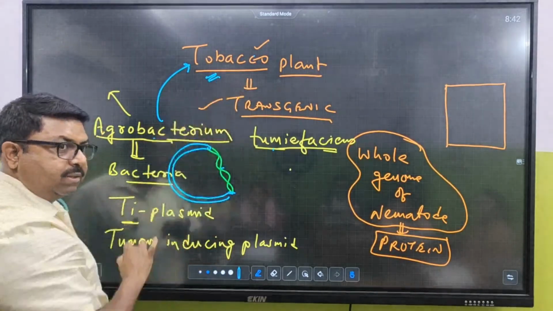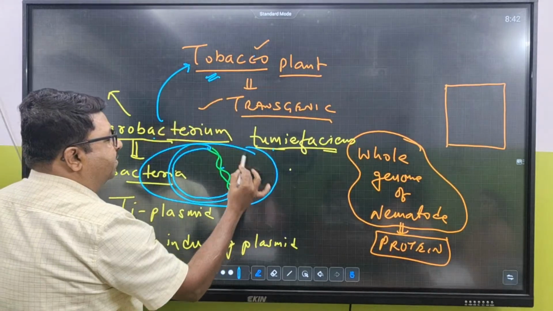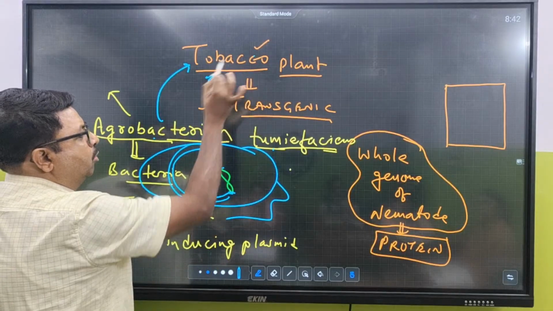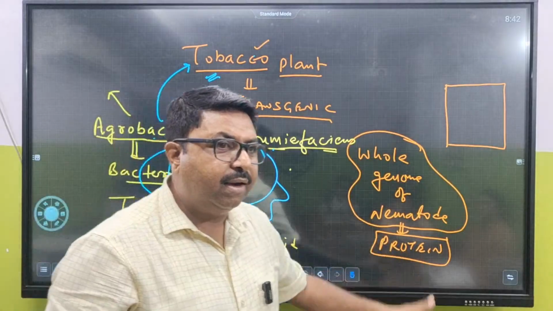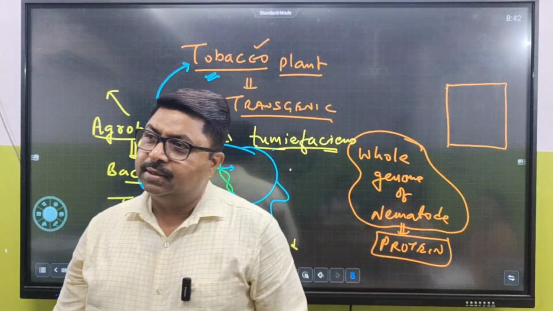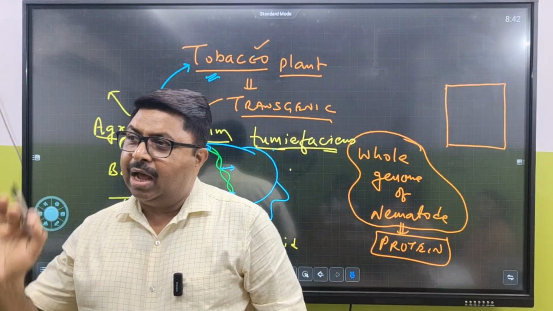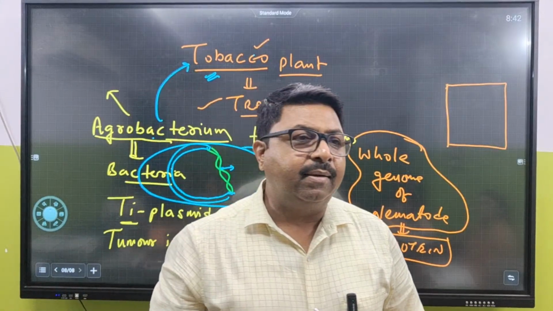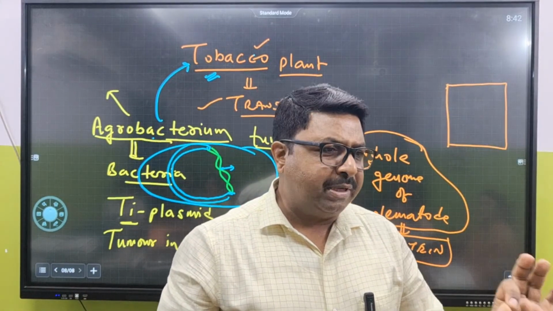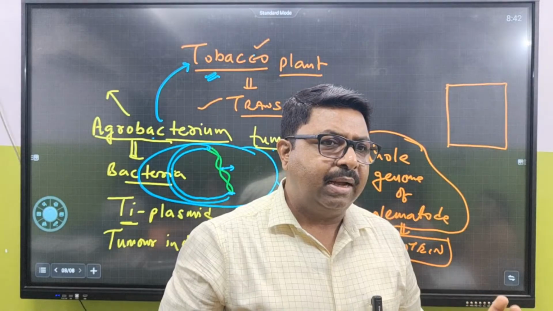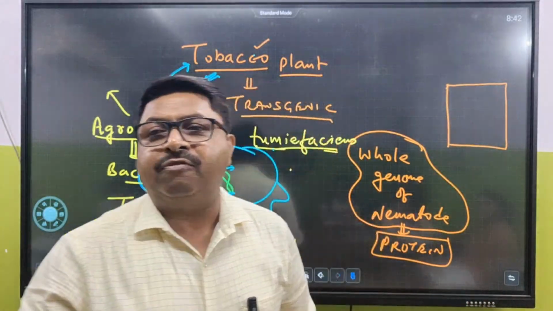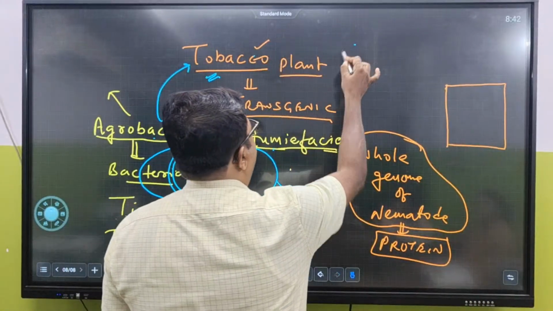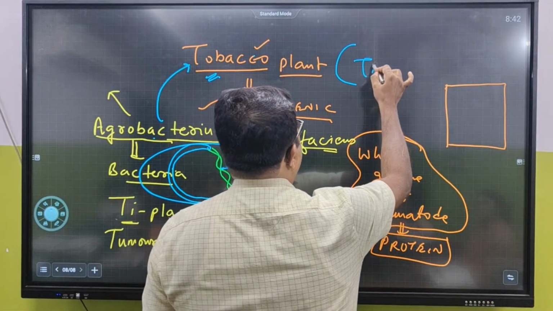The moment this bacteria infects the tobacco plant, it introduces the entire genome of the nematode. Is this clear? So now the tobacco plant is having the nematode specific DNA or not? Yes. So what kind of tobacco plant are we going to call it? Normal tobacco plant or a transgenic one?